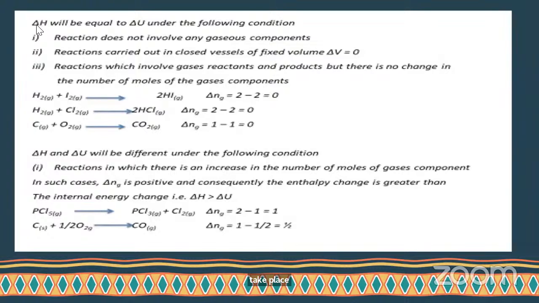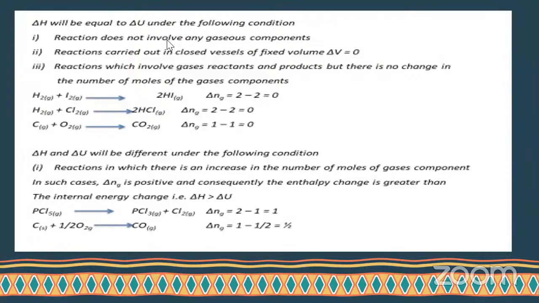The delta H, that is the change in enthalpy, will be equal to the change in internal energy when the reaction does not involve any gaseous component. So if the reaction does not involve any gas, the change in the number of gaseous moles is 0.